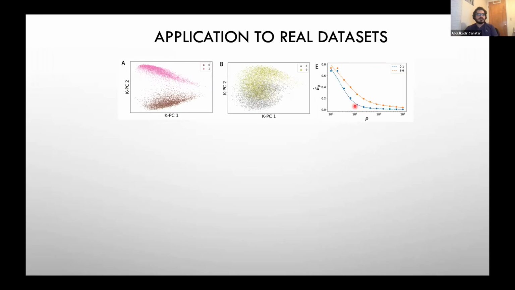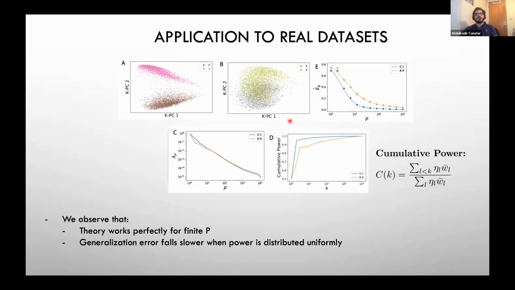So now I want to analyze some stuff about this. First, I want to check how the eigenvalues look for these 2 different tasks. They look almost similar. So this definitely doesn't explain the difference because, as you can see, the 8 and 9 task converges slower than the 0 and 1 task. So what happens if you calculate the cumulative power, which is defined by the total power placed in the several eigenvalues up to the kth eigenvalue?